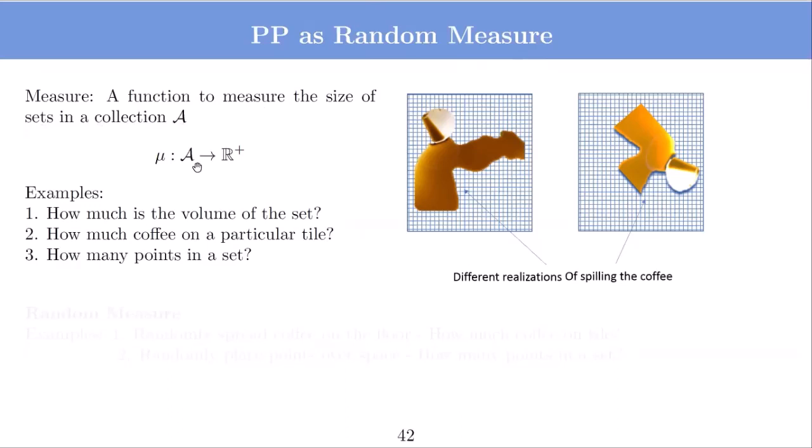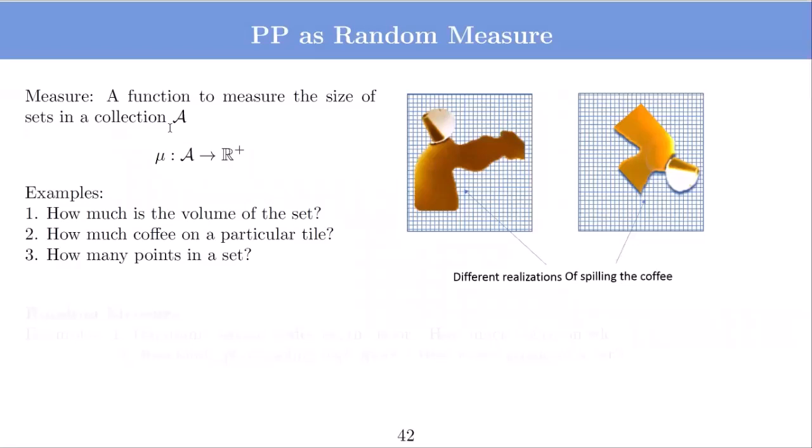And then you find a function which takes one particular set from this collection and finds its size, and the size can only be positive. So that will be known as the measure function. So a measure is a particular definition to give the size of a set, where these sets are elements of some bigger collection.